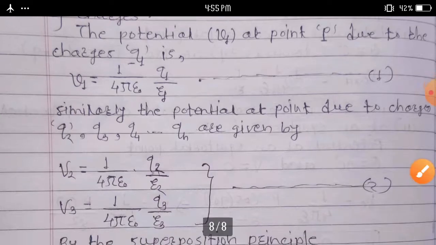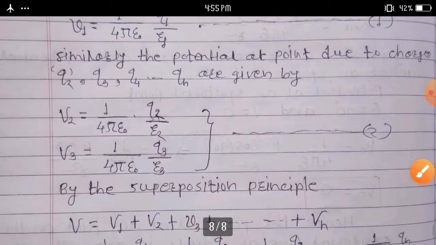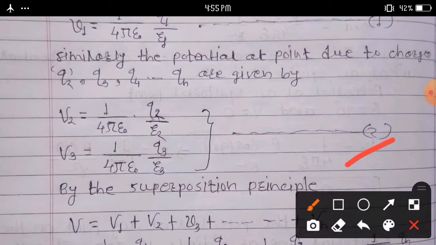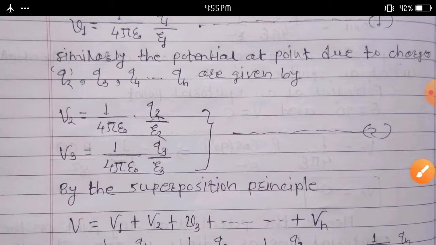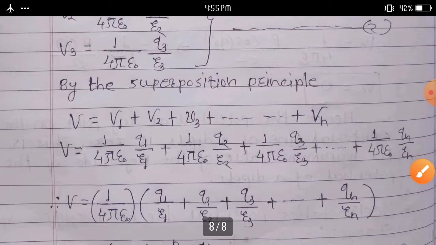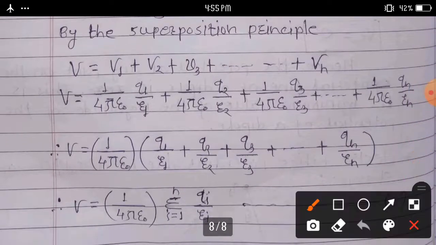Consider this equation second. By the superposition principle of charges, we can write V is equal to V1 plus V2 plus V3 plus up to plus Vn.